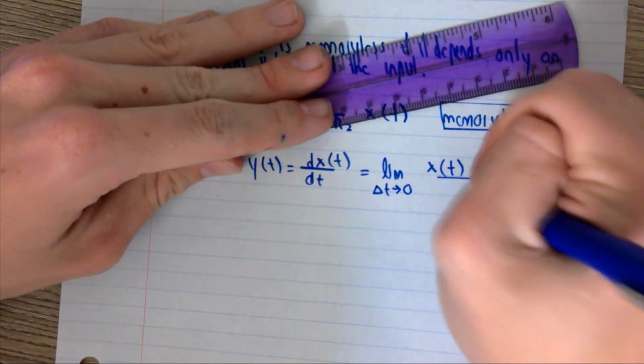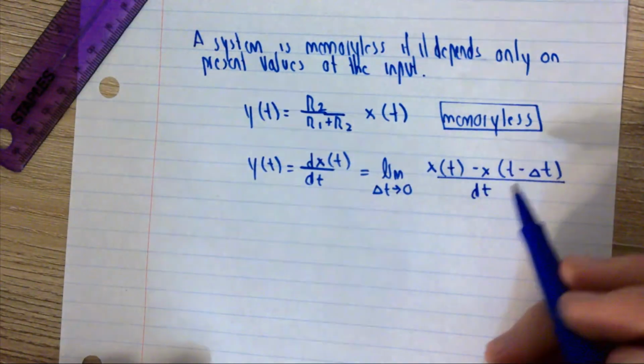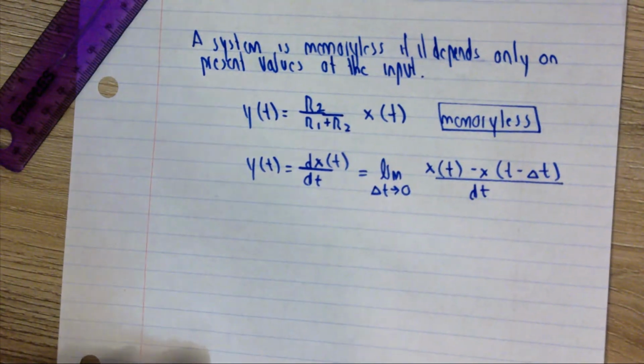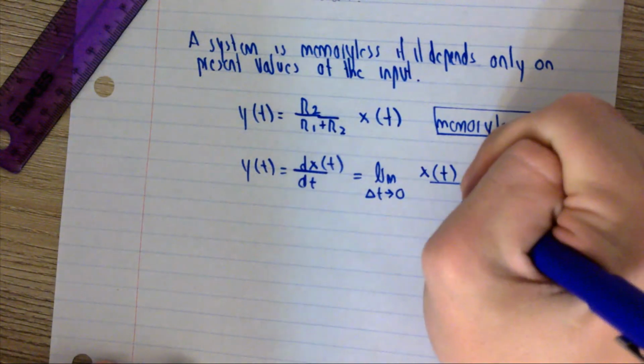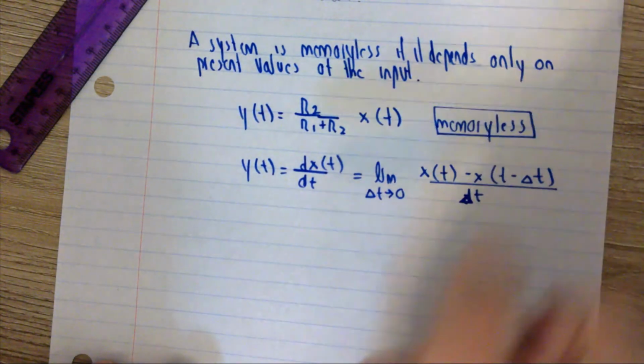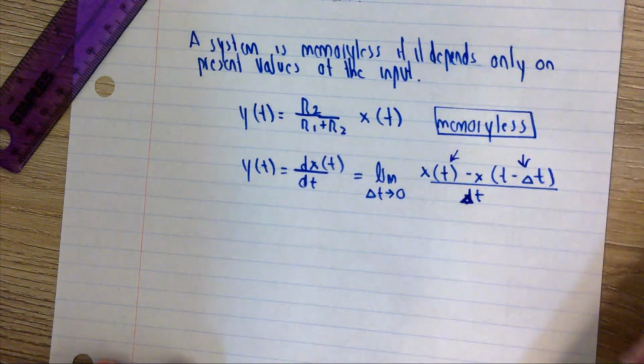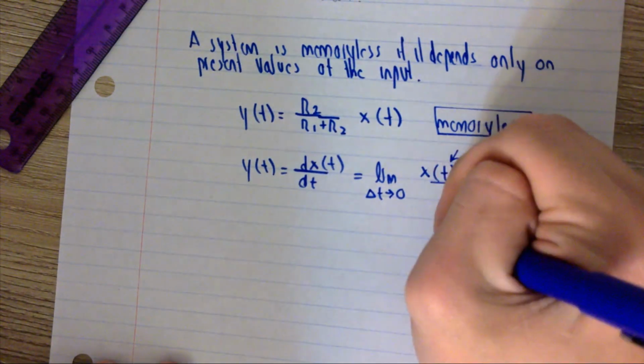So you take the present value minus the past value and find the difference between the two to give you the derivative. Oh, sorry, this should be the little change in t. Because you look at the present time and the past time, that's going to be a memory system since it looks at the present and past.